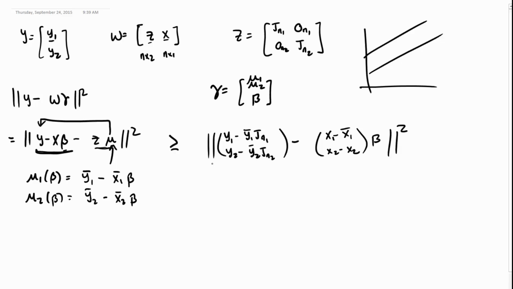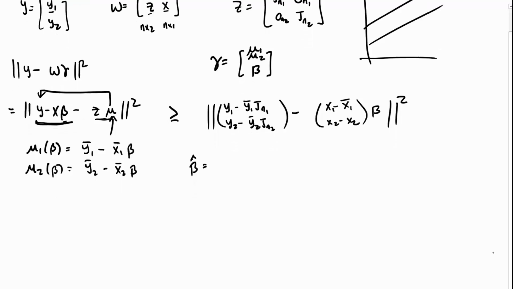Well, this is now nothing other than regression through the origin with the group-centered version of y and the group-centered version of x. So we know that the best beta hat that I can get has to work out to be the regression through the origin estimate from these data.